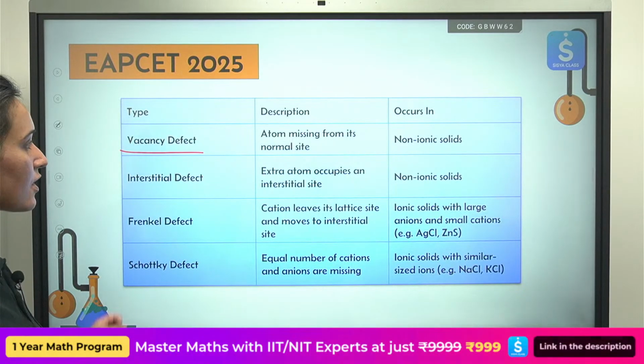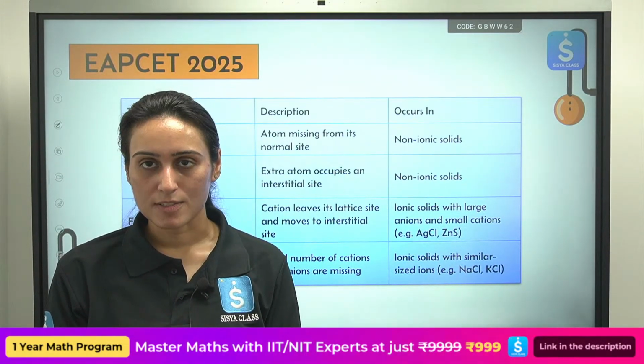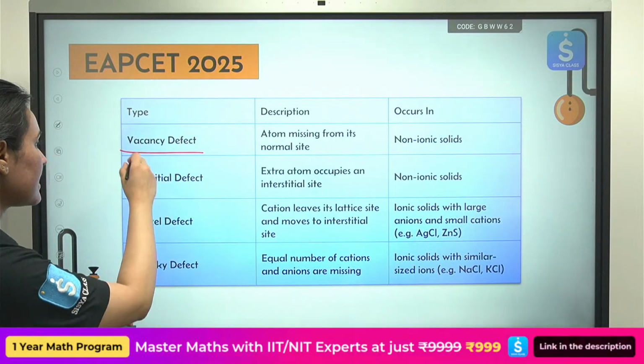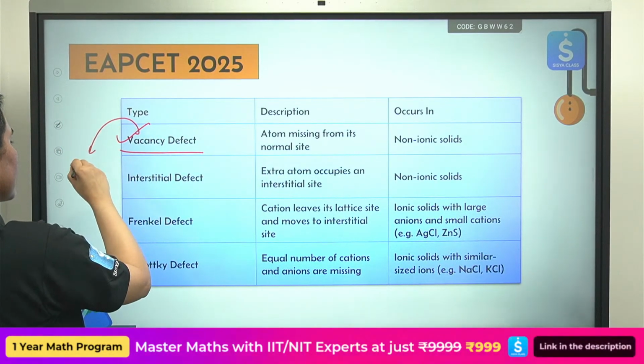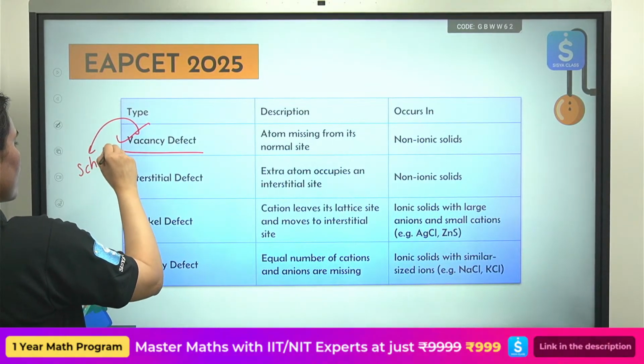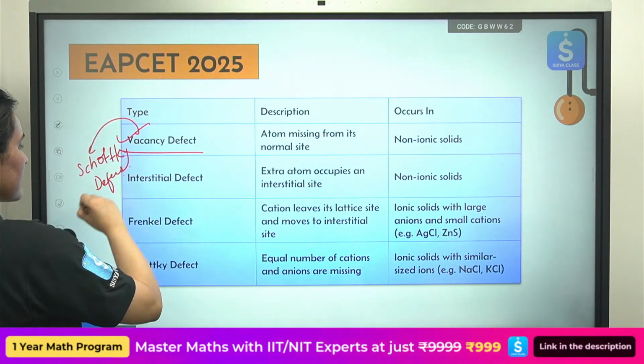What are the different types of defects which are present in your solid system? And then we will solve some questions. So you can have vacancy defect, or you can also call it as Schottky defect. What type of defect? Schottky defect. So what happens in this defect?